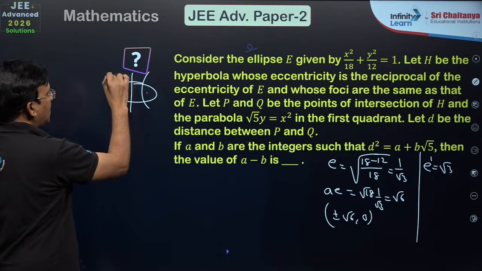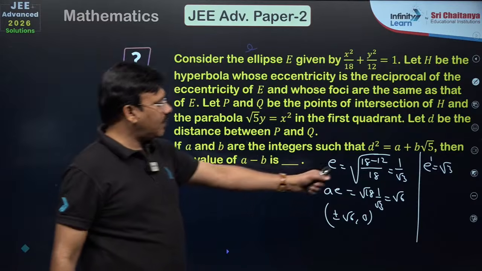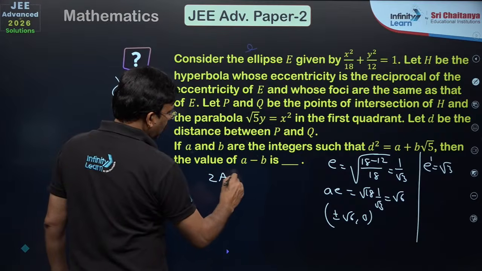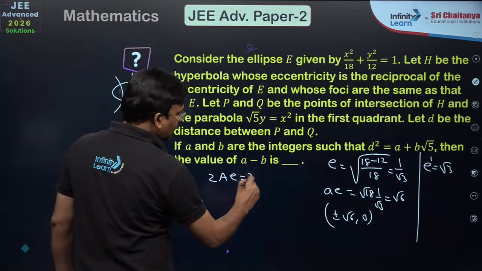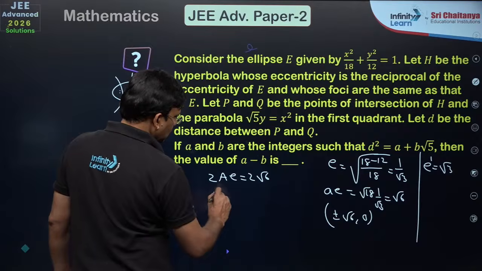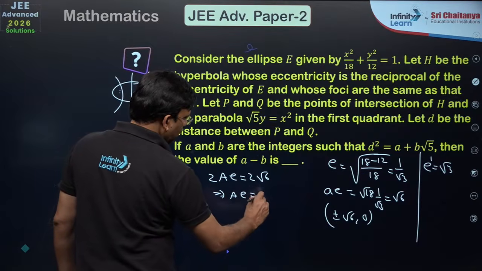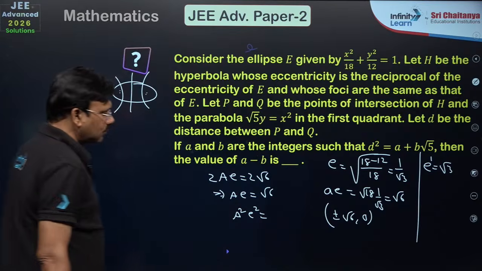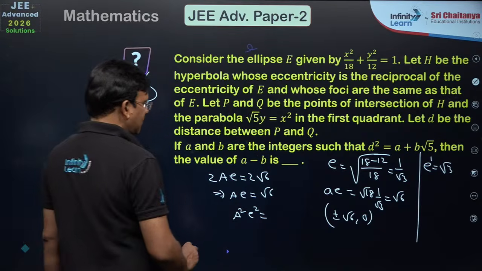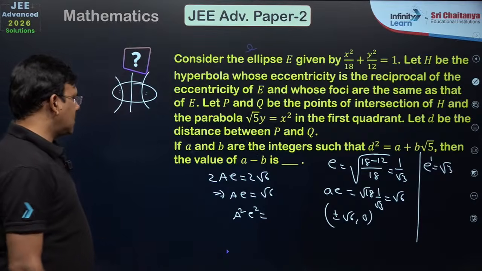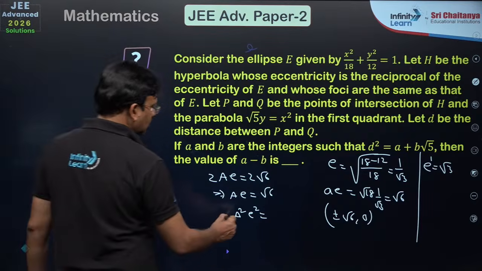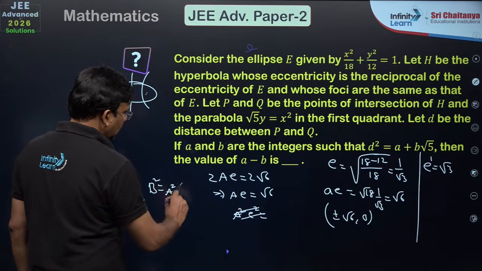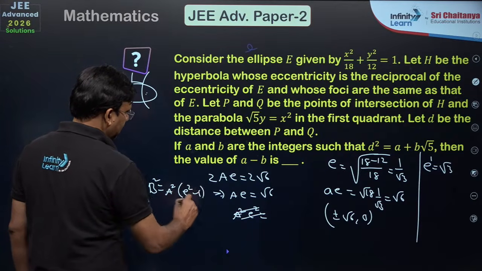So the figure will be like this. Okay, this is the hyperbola. Suppose for the hyperbola these two are the foci, 2AE will be the distance between them, 2 root 6. So AE is going to be root 6. A square E square is equal to A square plus B square, or else you can also write B square is equal to A square into E square minus 1.